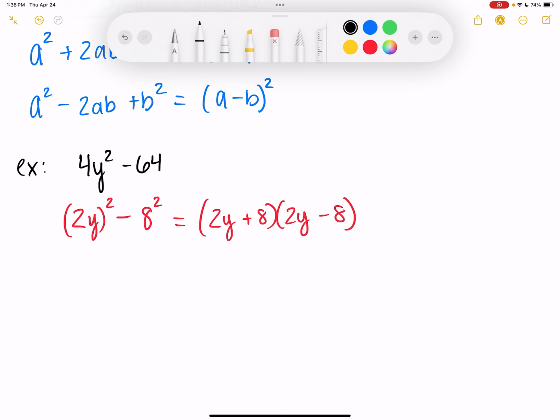An example of a perfect square trinomial: h squared plus 4h plus 4. Obviously this problem in and of itself just kind of looks like the stuff that we've been factoring to this point, right?